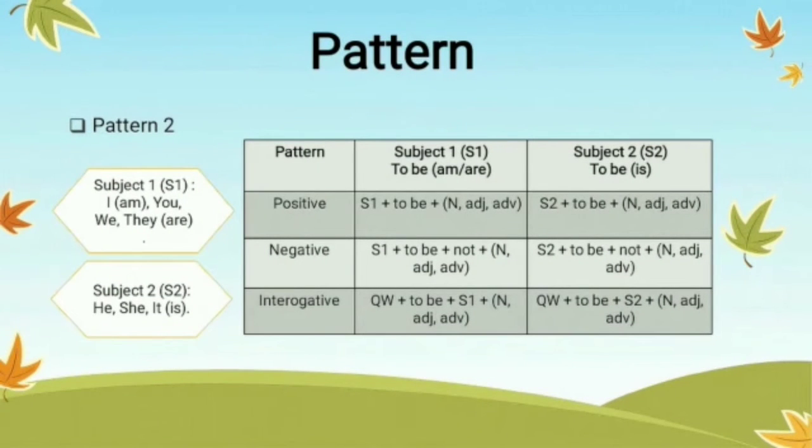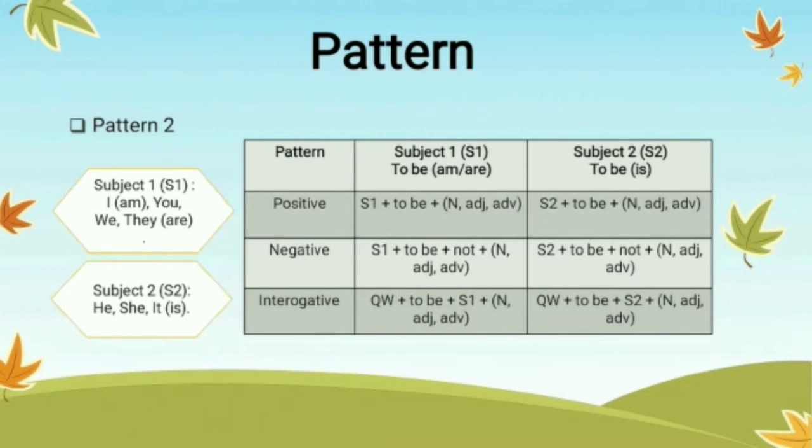Pattern 2. To form a simple present positive tense sentence, the formula is subject plus to be plus noun, adjective, or adverb. To form a simple present negative tense sentence, the formula is subject plus to be plus not plus noun, adjective, or adverb.